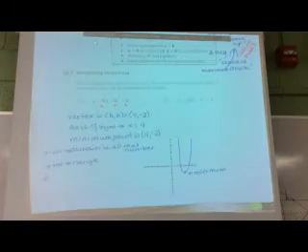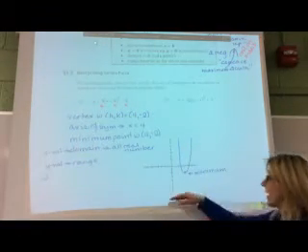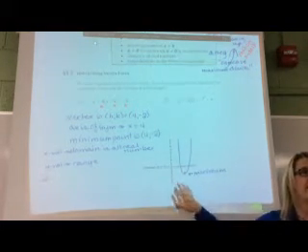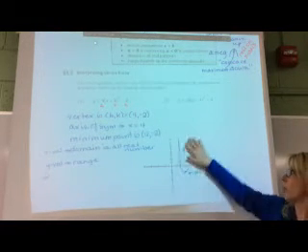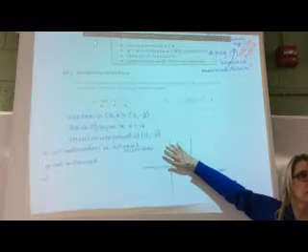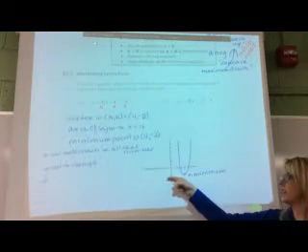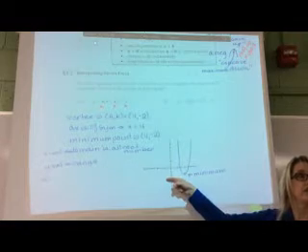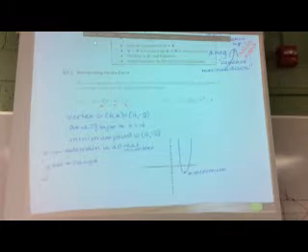Now the range is a little different. So if we go back to this graph, the range is the y values, right? And notice, down here we don't have any graph, right? There is no graph down here. But we've got graph up here, but not down here. Only from this point up do we have graph. What is the y value right here? -2. So here is our range for this particular graph.